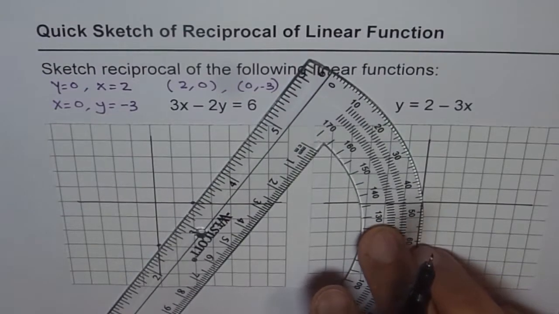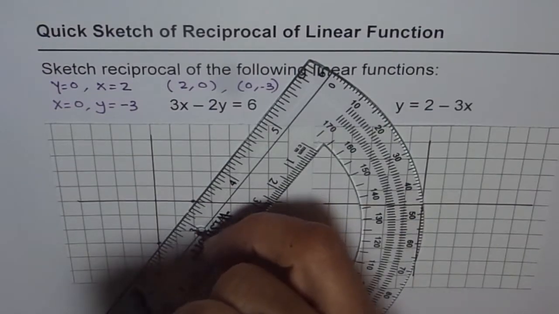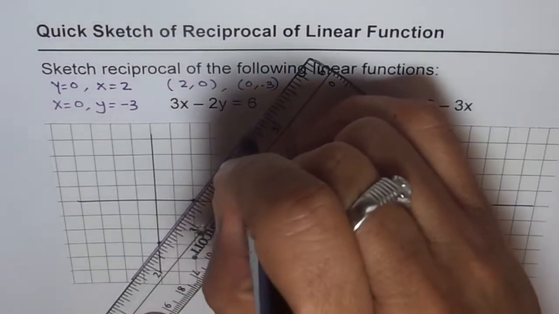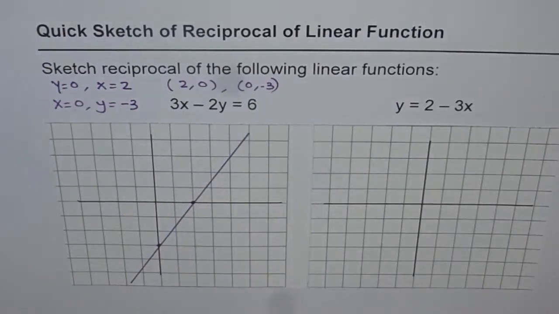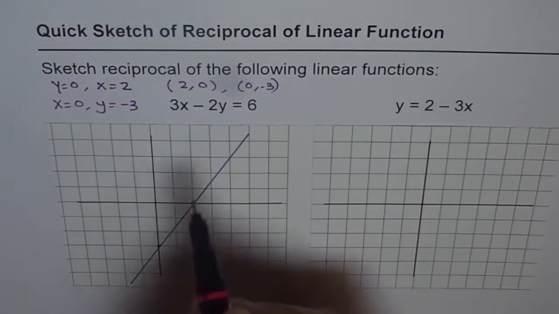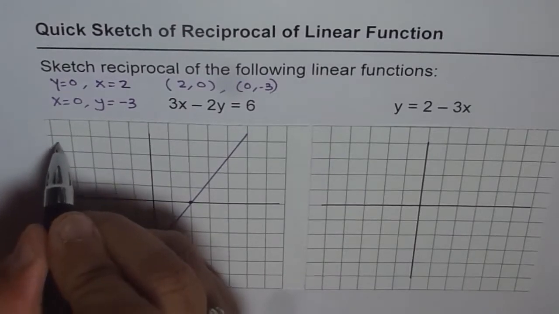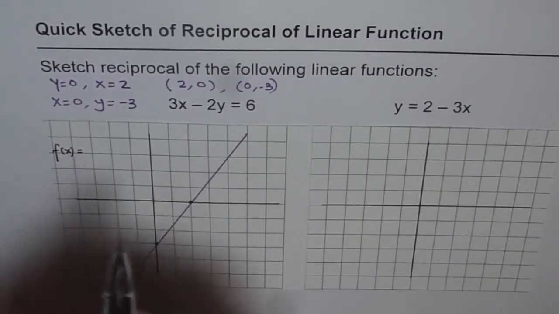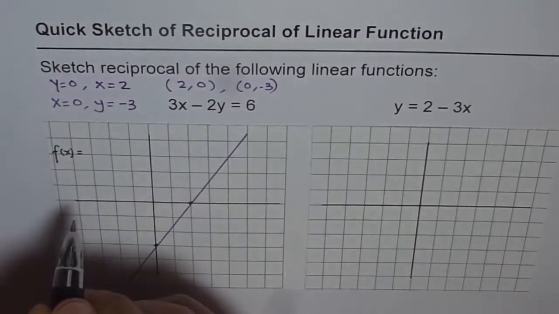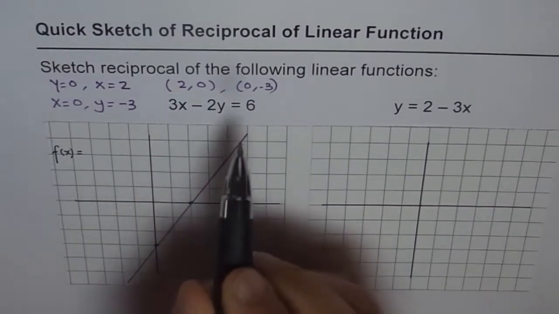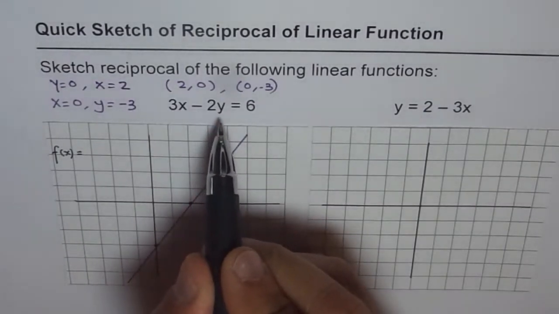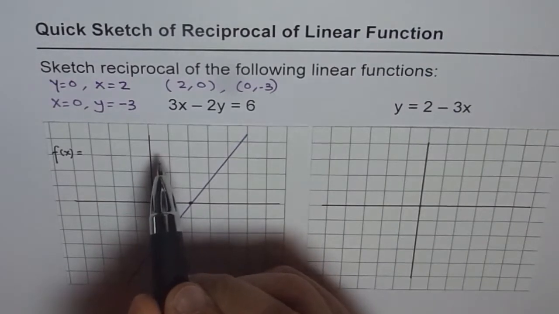Now after drawing this straight line, we are going to draw a reciprocal of this straight line. So that's the line. Reciprocal of this function means y equals to, let us say f of x is a reciprocal of this function. So to find the reciprocal, we have to find first what y is and then find the reciprocal of the function, right?